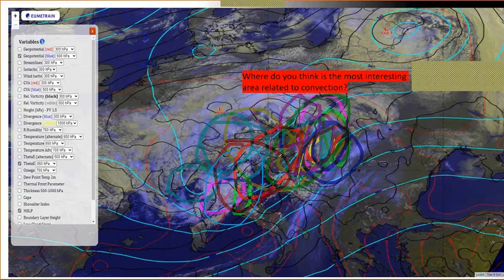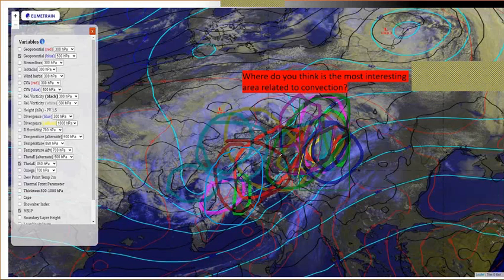Most of you have indicated the right area where you can expect convection, because when you look at the upper air pattern, the 500 hectopascal geopotential height, in combination with the theta E at 850 hectopascal, which is more or less an indicator of the amount of moisture that can be released, so it's a kind of latent energy, then you have a first clue, a rough estimate, where a lifting mechanism can act as a triggering upward motion to overcome some inversion.